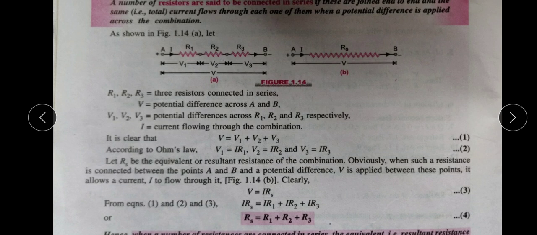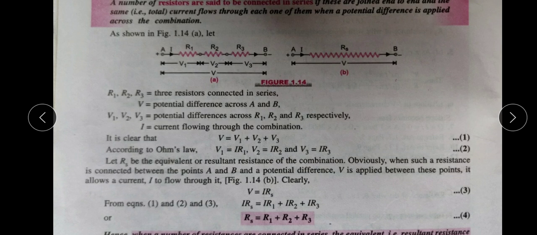Okay, then it is clear that total potential difference is V, total resistance is Rs. Look at diagram B. Rs is the total resistance when resistors are connected in series.